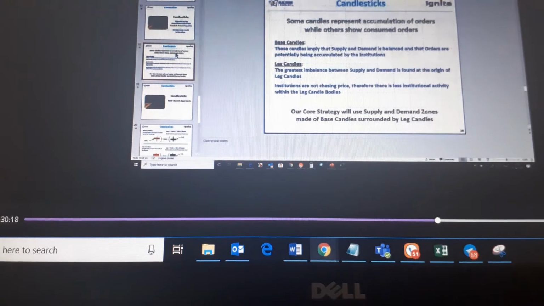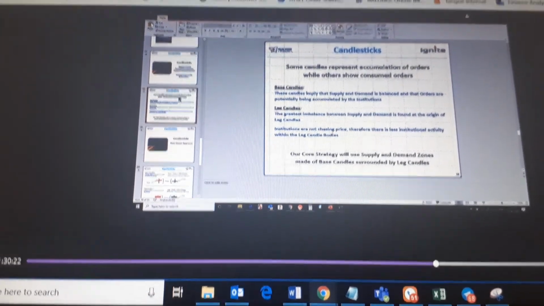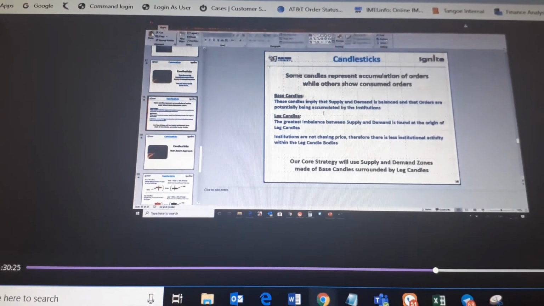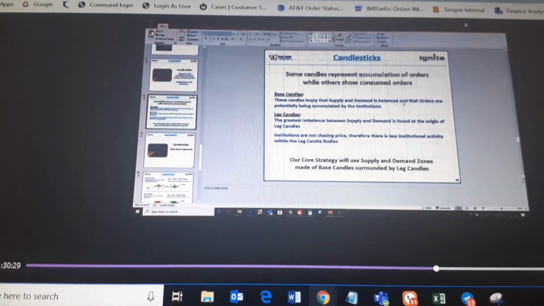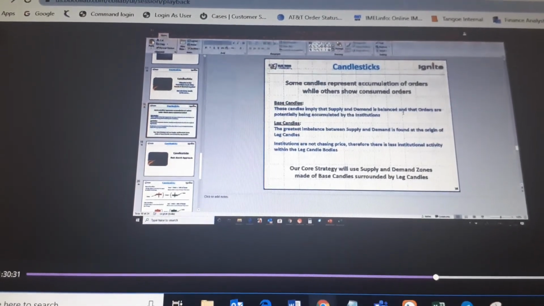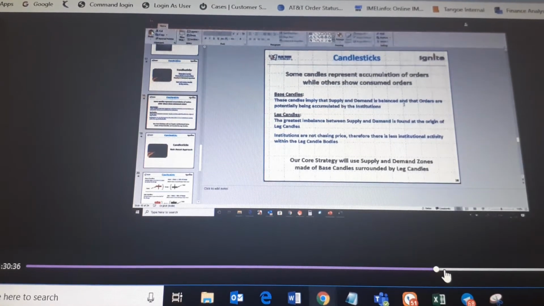Then this one. So the base candles imply that supply and demand is in balance. In the base candle, your supply and demand is in balance. And that orders are potentially being accumulated by the institutions. Okay?